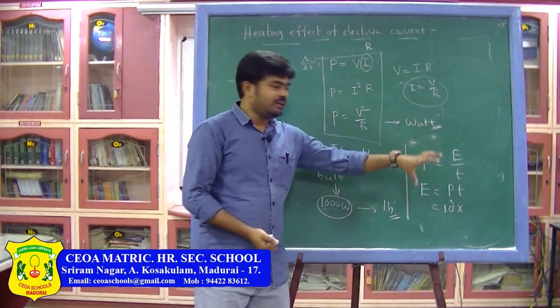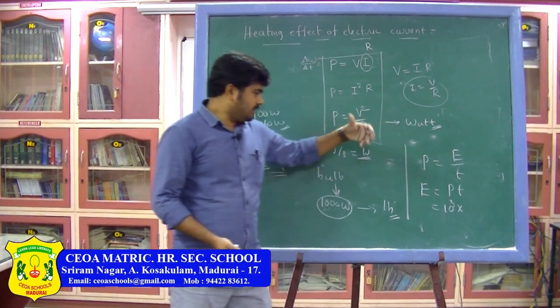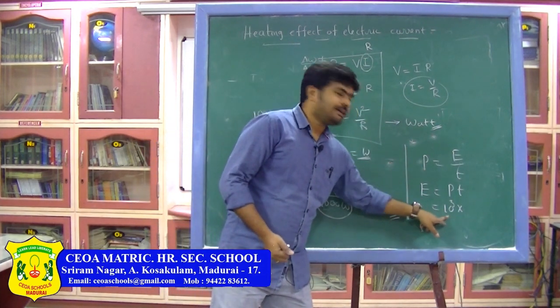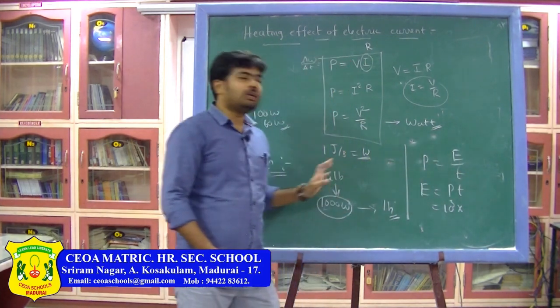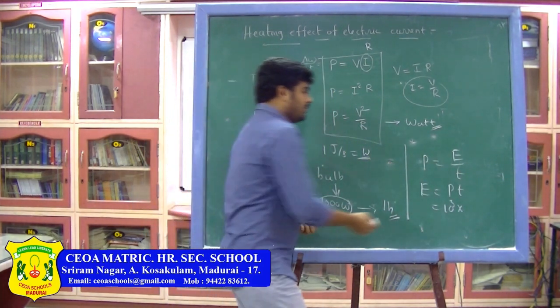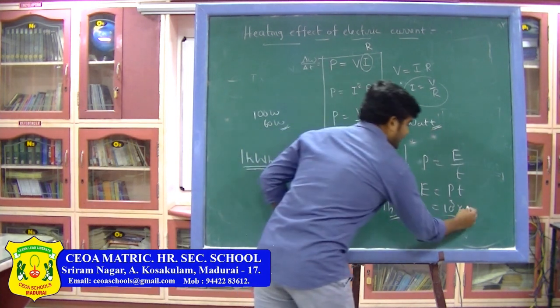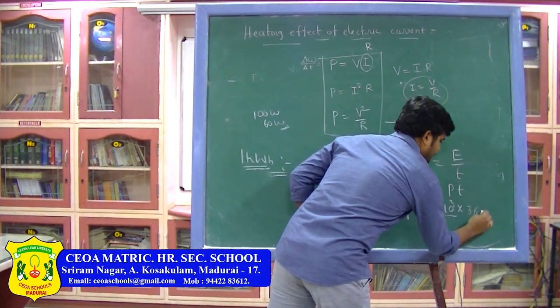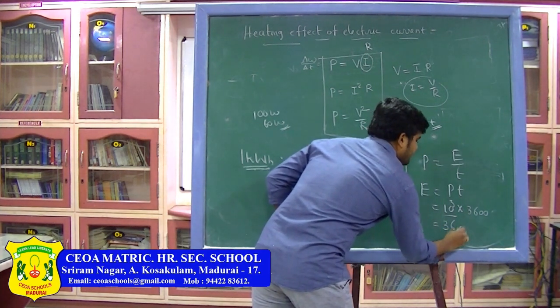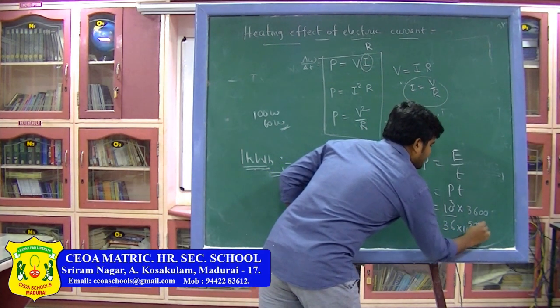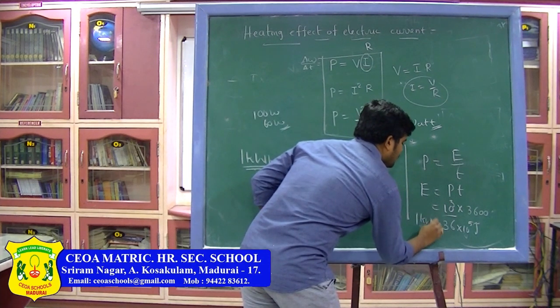The energy consumed by that appliance of 1000 watts in 1 hour is nothing but 1 kilowatt hour. Now, 1000 watts into time of 1 hour, which is 3600 seconds. Simplifying this, you will get 36 into 10 power 5 joules. This is the value of 1 kilowatt hour.